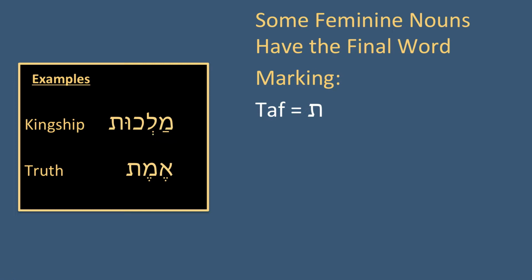So what does it mean that it's a feminine noun, even if the concept is masculine? It means that when we attach malchut to adjectives and to verbs, those will always be in the feminine to be in agreement with the feminine malchut. And the same goes for emet, truth. The taf at the end marks this as a feminine noun.